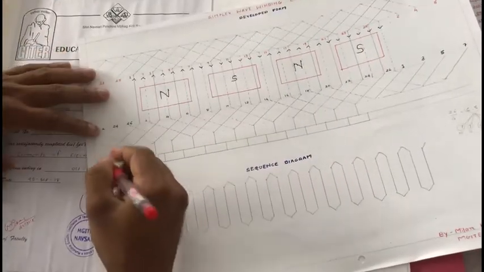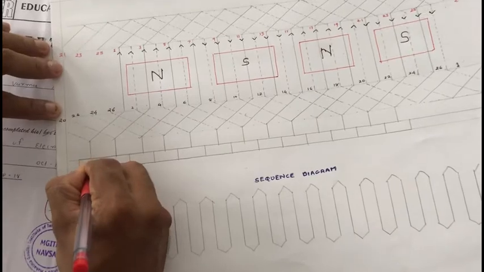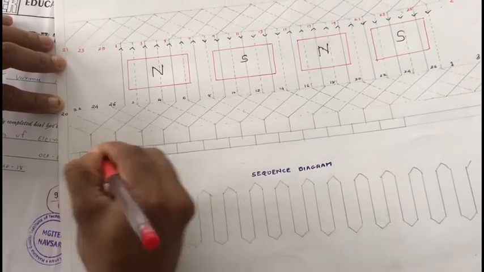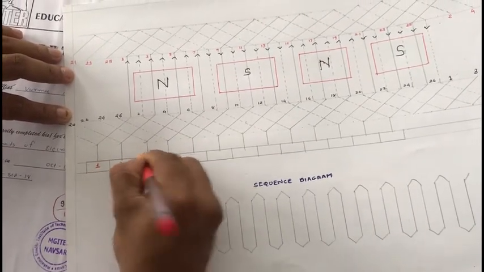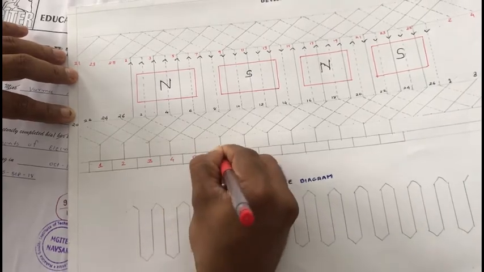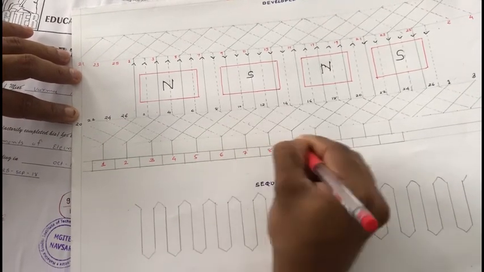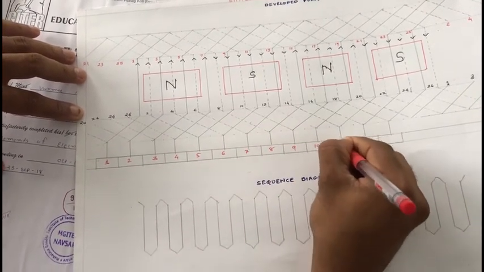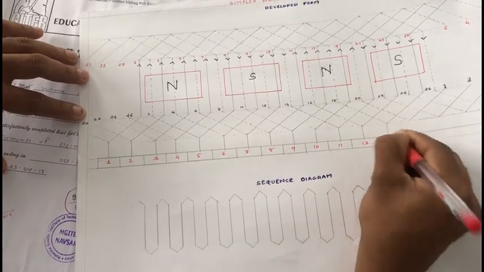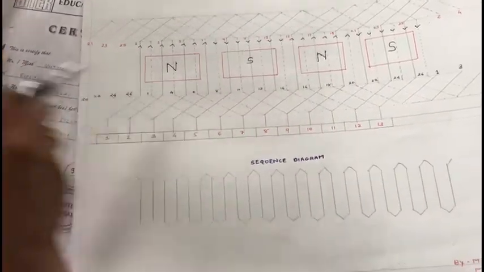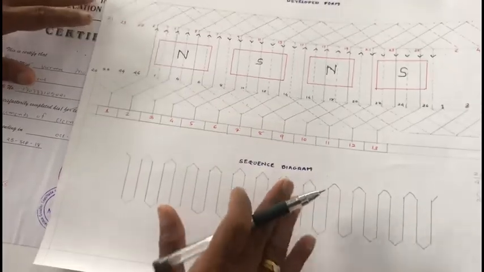Now give names to the commutators. First is commutator segment 1, 2, and so on. 13 commutators are completed: 13 coils, 13 commutators.